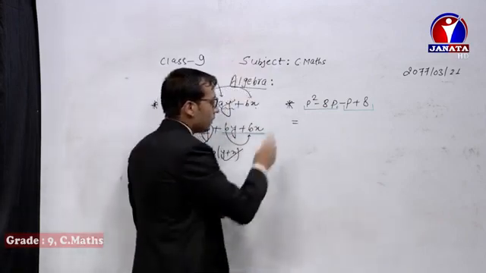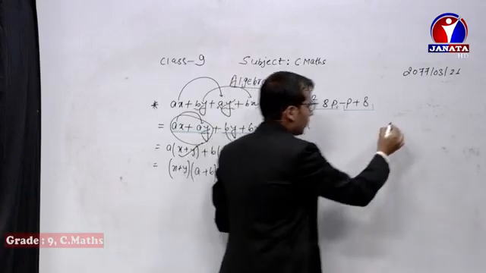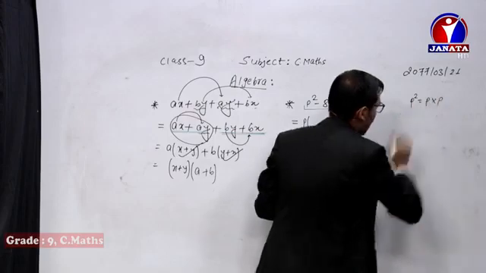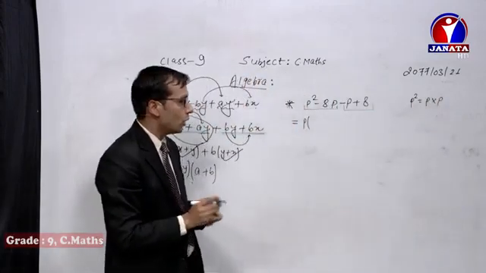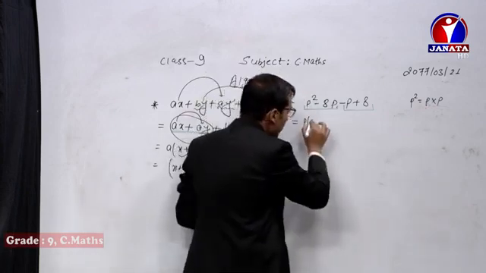Here from p square minus 8p, p is common. So what are the factors of p square? We can express p square as p times p. So p is taken as common, p is left.